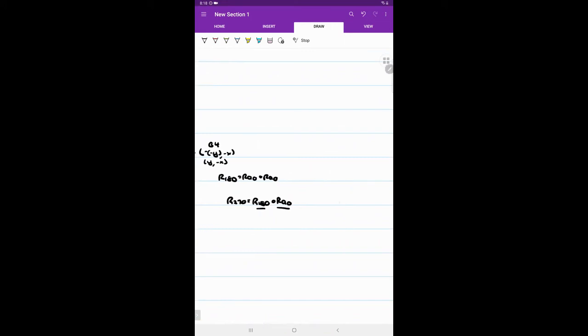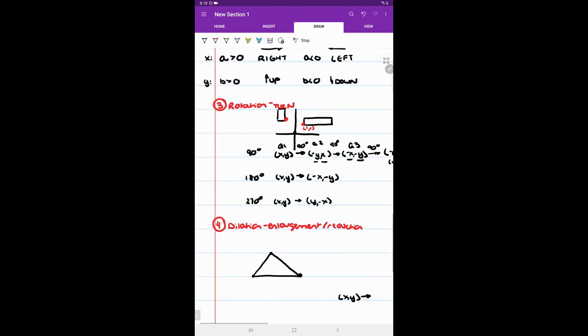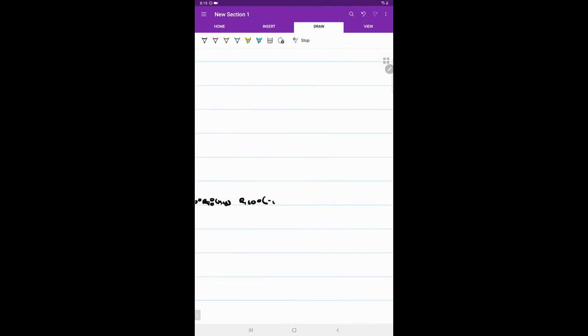So rotating xy by 90 degrees and then by 180 degrees. Well, rotating xy by 90 degrees, again, that's going to produce negative y, x.